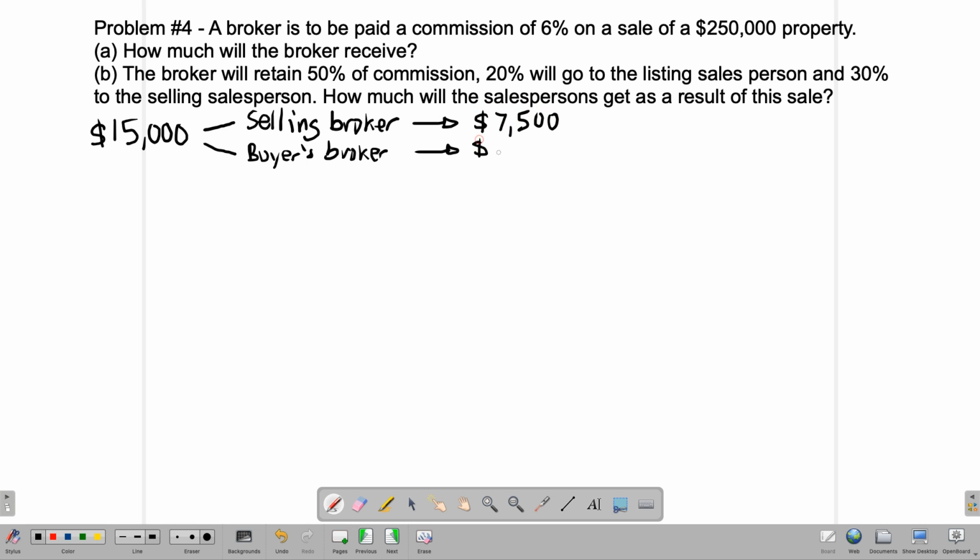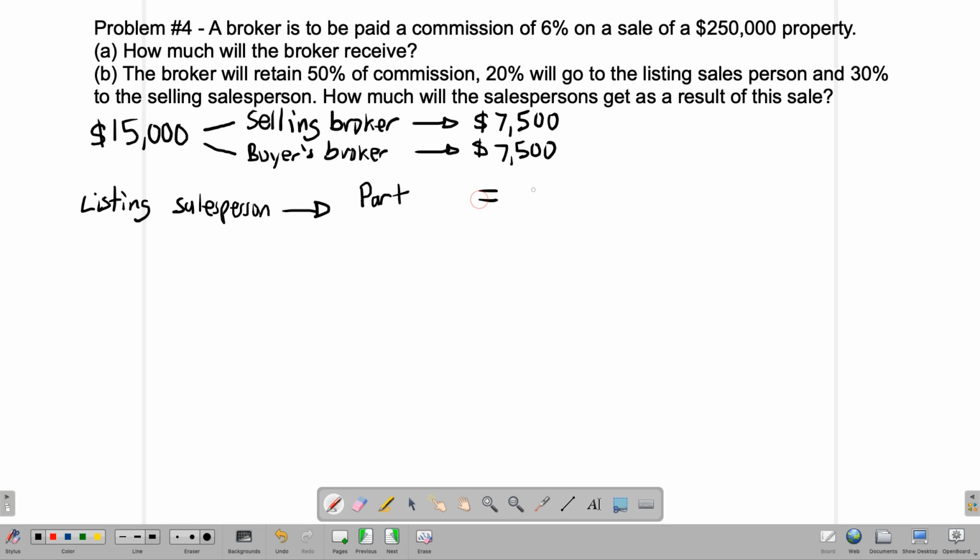All right, so we have the listing side. Whatever broker represents that side, so the listing salesperson would just do this equation, so we'll see that everything can be related to this.